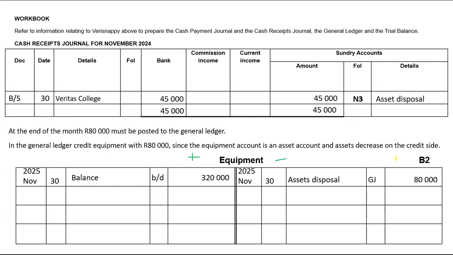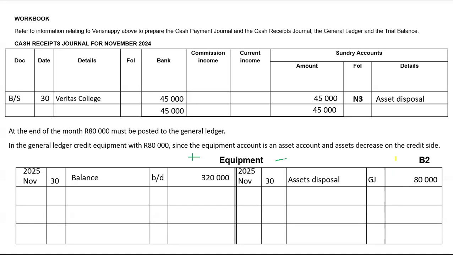I will repeat this. Equipment increases at cost price, it decreases at cost price. So since we sold it, we're going to decrease it at cost price. Not selling price, but cost price. Assets are always measured at historical cost. Cost price is the price we paid for the item.